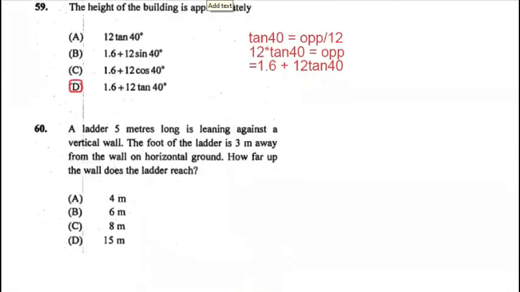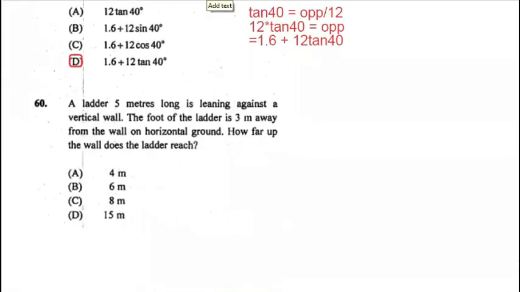So 60, a similar question. A ladder 5 meters long is leaning against a vertical wall. The foot of the ladder is 3 meters away from the wall on horizontal ground. How far up the wall does the ladder reach? So we're using these dots to represent our ladder, and it is leaning against a wall.